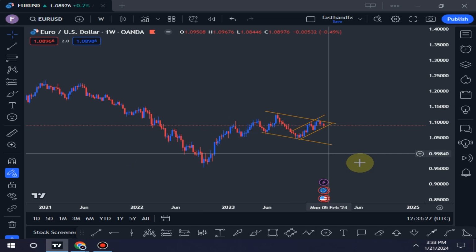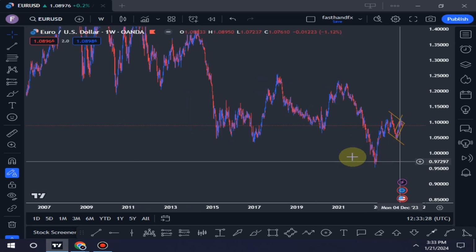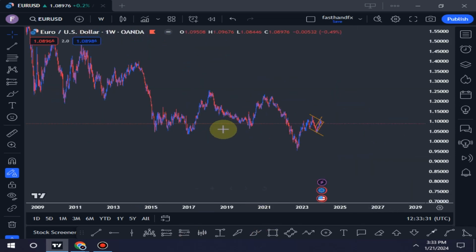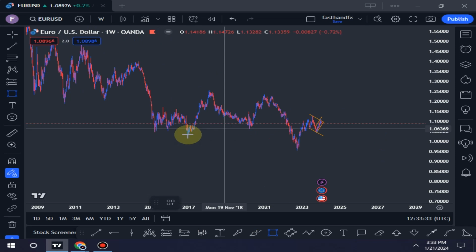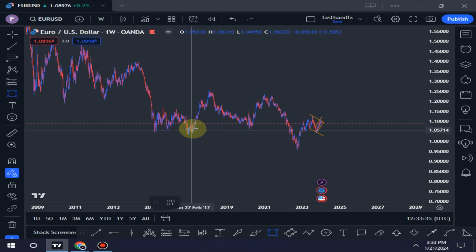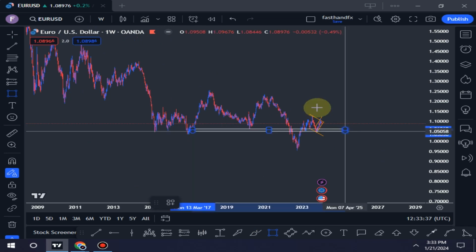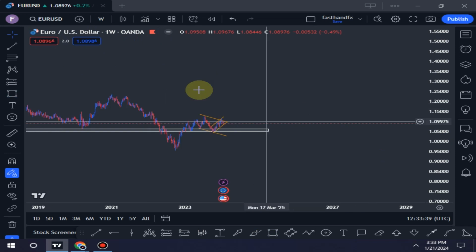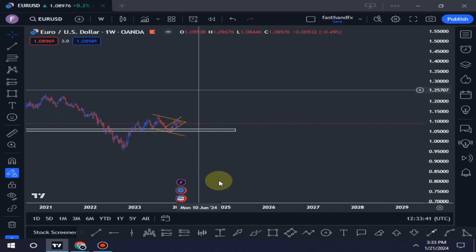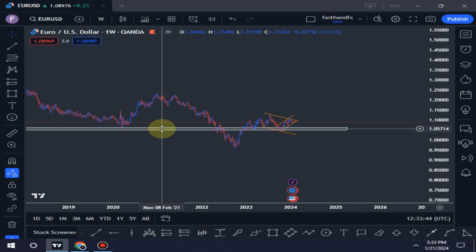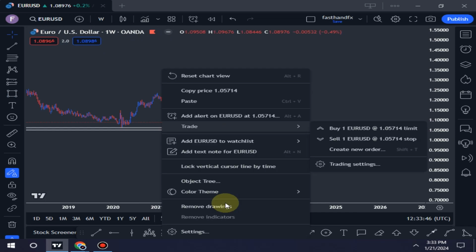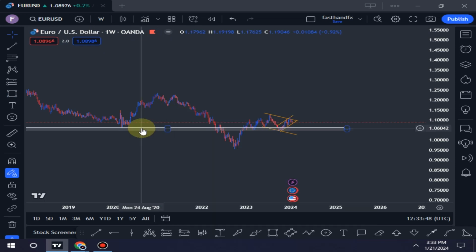So this is the type of pattern that right now we are trading. Of course, we have a level right here that, if you look, price respected, that is when it bounced back to the top. Now if you try to clone these two, let's do this.